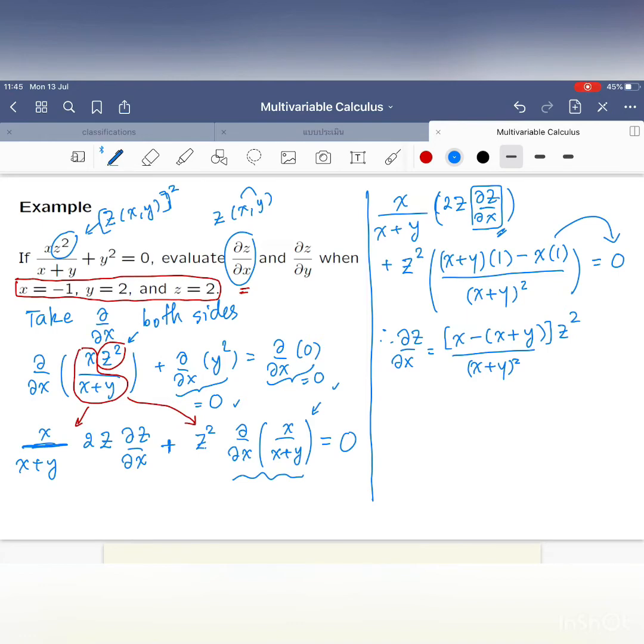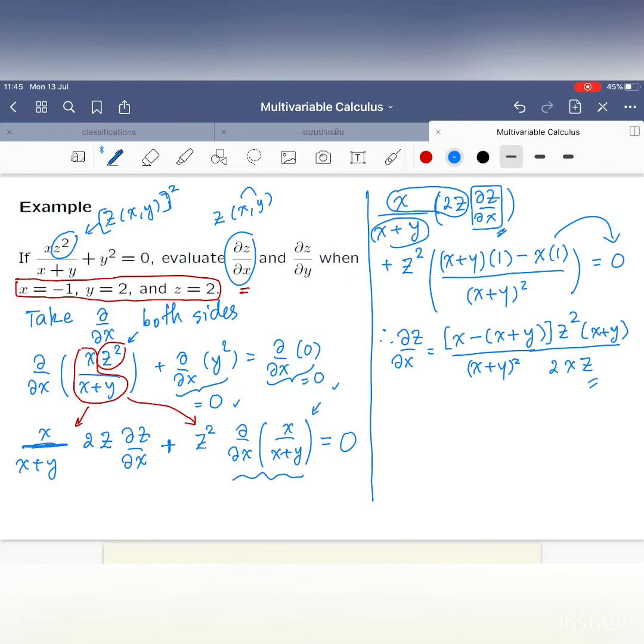And then you are going to do a cross multiply by this one, right? So this x plus y will cross multiply here, and then this 2xz will be crossed down here. And then if you want you can simplify, or if you don't want you can just leave it like that, it doesn't really matter. So this is dz by dx in general.